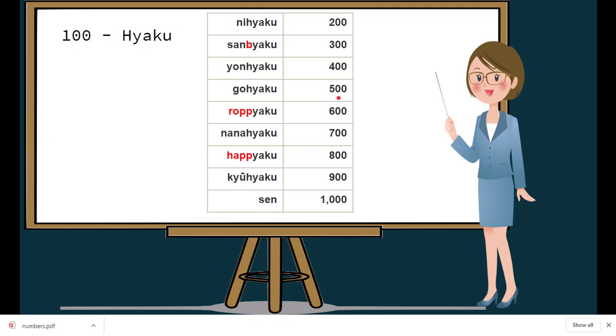Gohyaku. Roppyaku. Nanahyaku. Happyaku. Kyūhyaku. Sen.